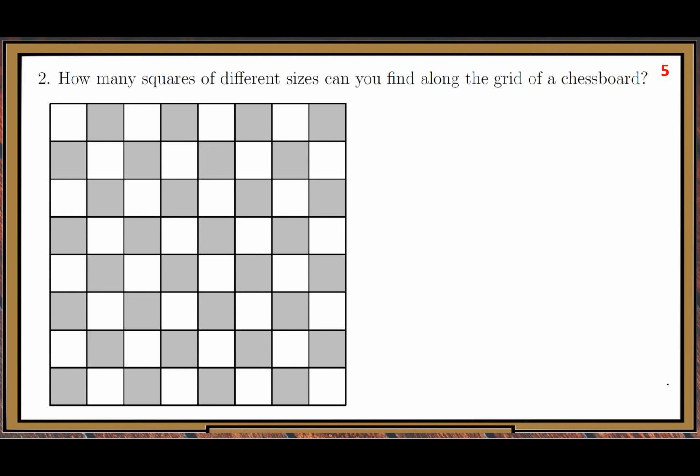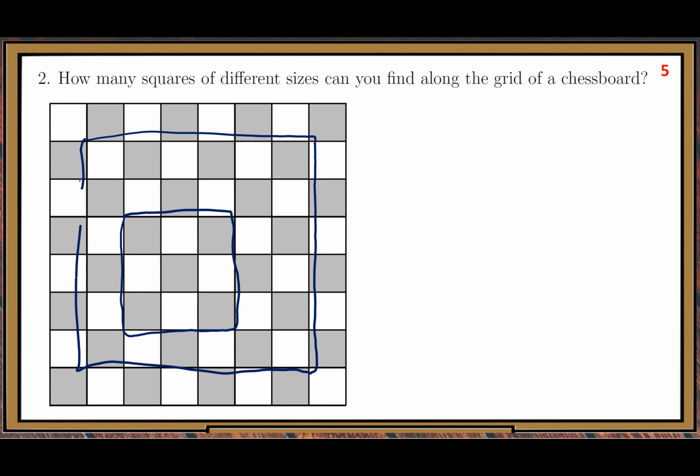There is one square here, and another square you can find like this. Can you count all the possible squares of different sizes in a standard chessboard?